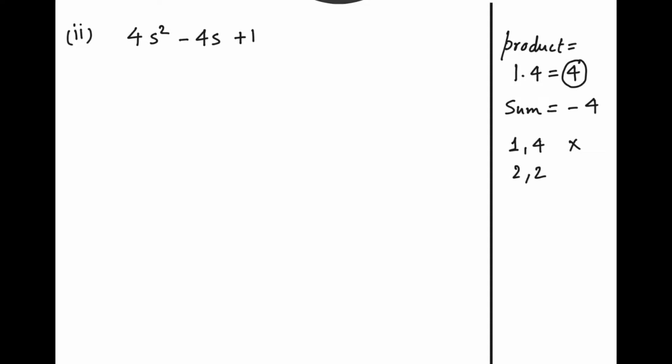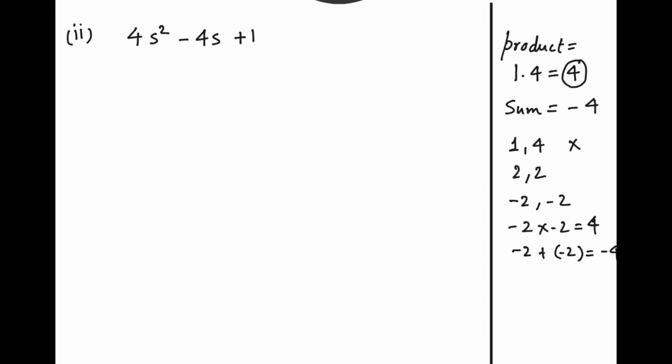If we look at 2 and 2, their product could be 4 and their sum could be minus 4. So if we take minus 2 and minus 2, minus 2 into minus 2 is 4, and minus 2 plus minus 2 is equal to minus 4. So now our terms are minus 2 and minus 2.